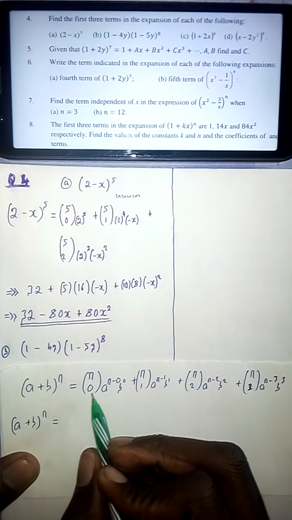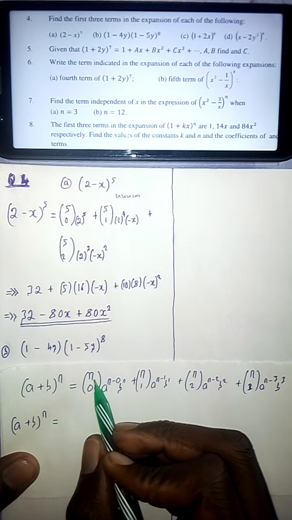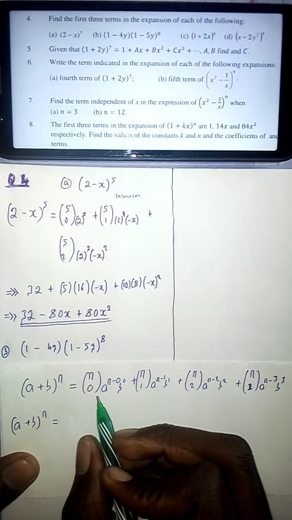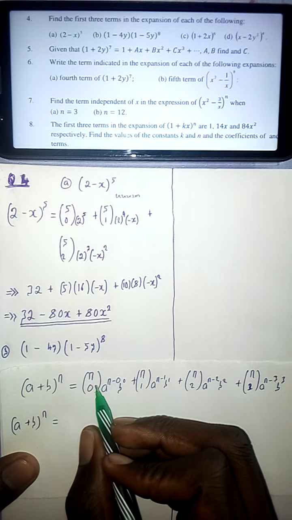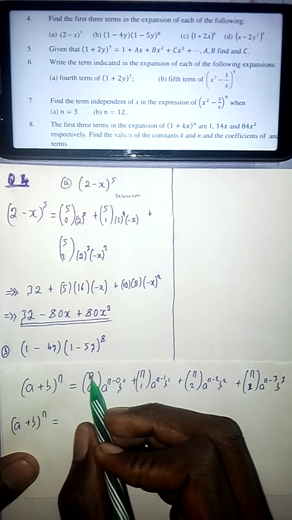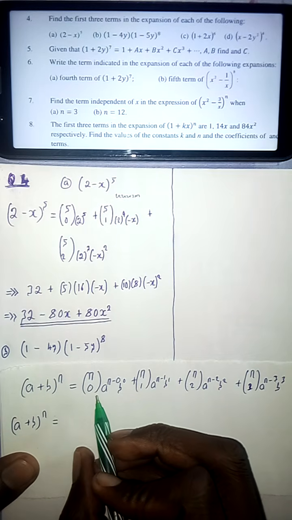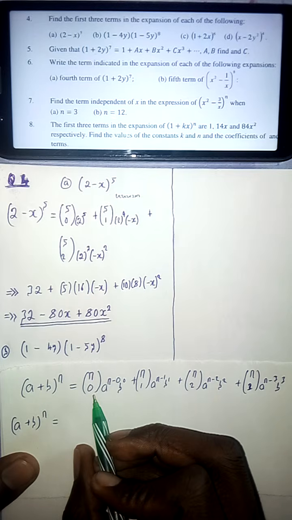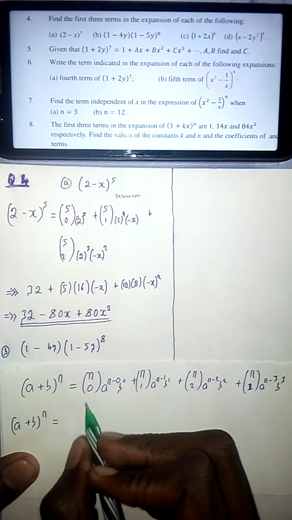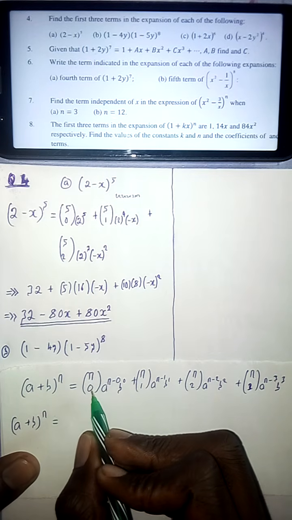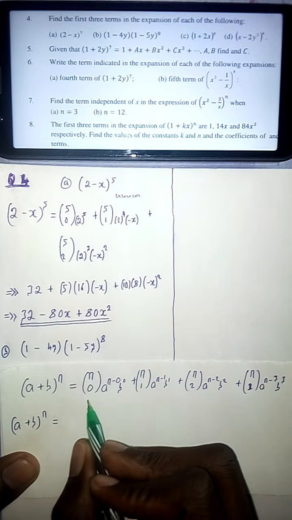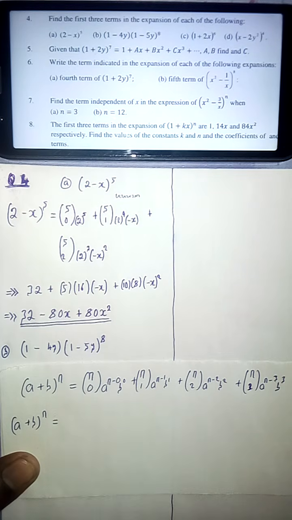Well, you need to take note that any number, when you have a combination of any number and 0, the answer will be 1, right? Yes. Okay, so this part will always give you a 1.